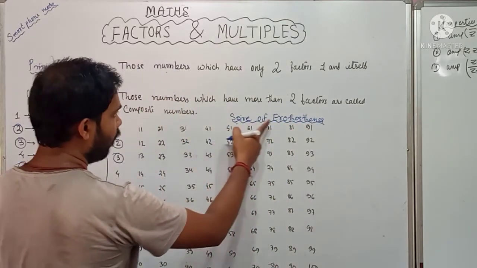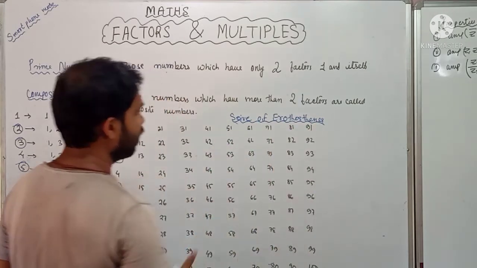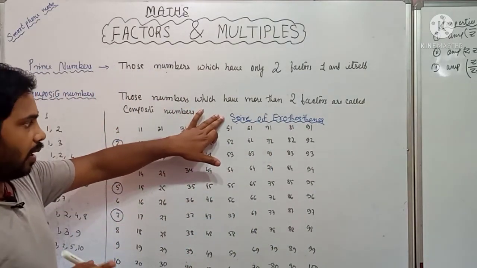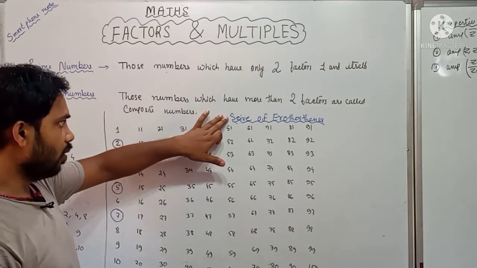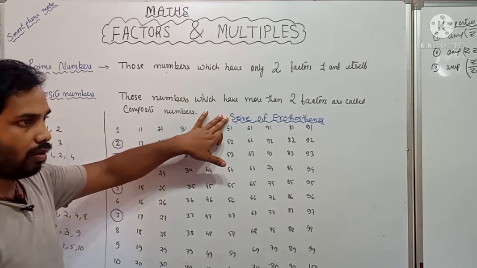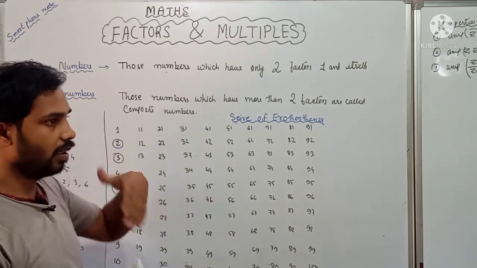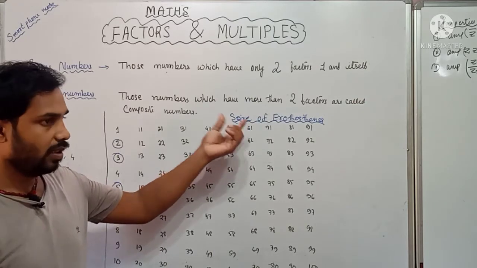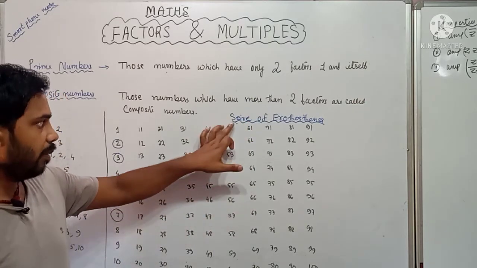So what is the meaning of sieve? Sieve means filtering out non-required materials. Means from here we will filter out those which are not required, which are not prime numbers actually. So we'll filter out these numbers from here, and the left ones will be the prime numbers. So this is the meaning of sieve.